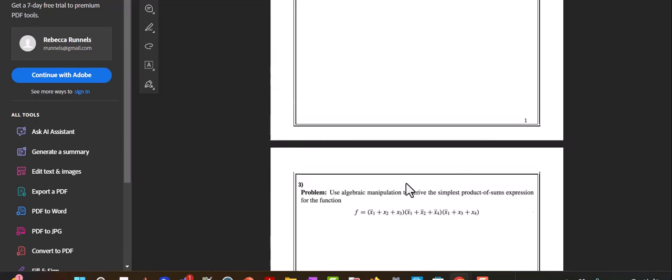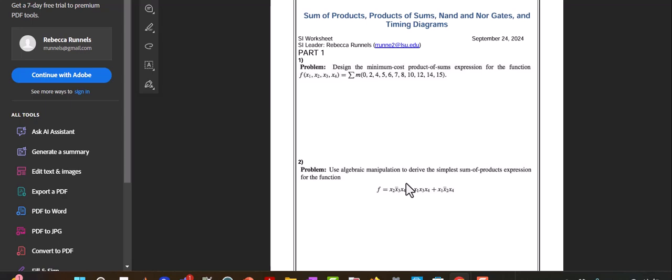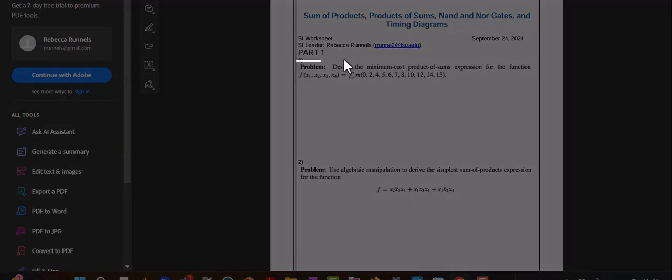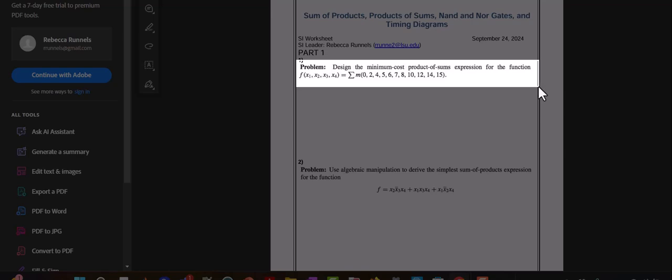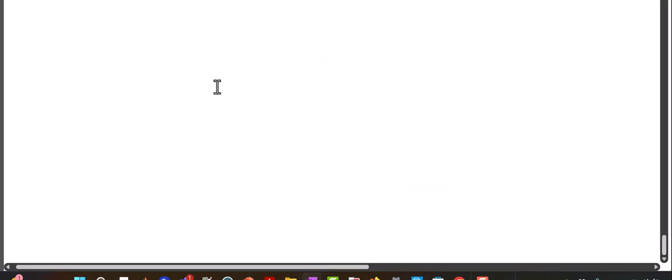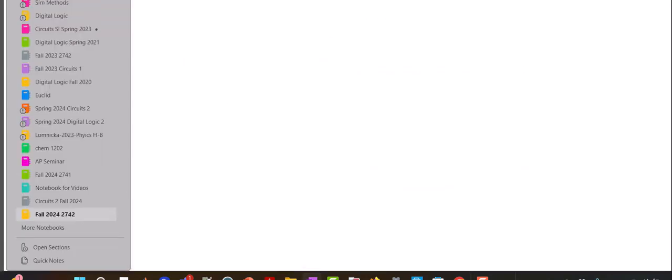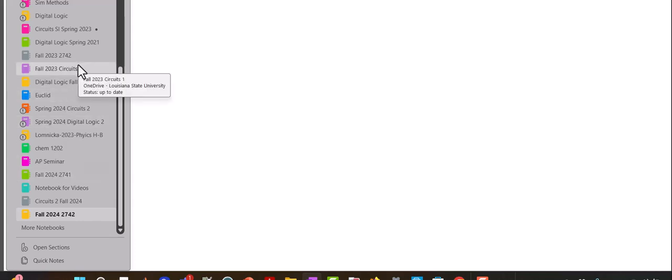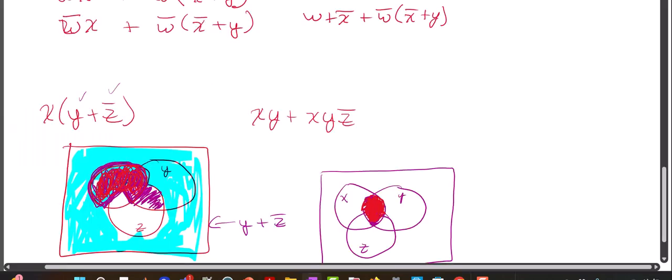When I look at it, I see that it's defined with a lowercase m, and a lowercase m is used for min terms.